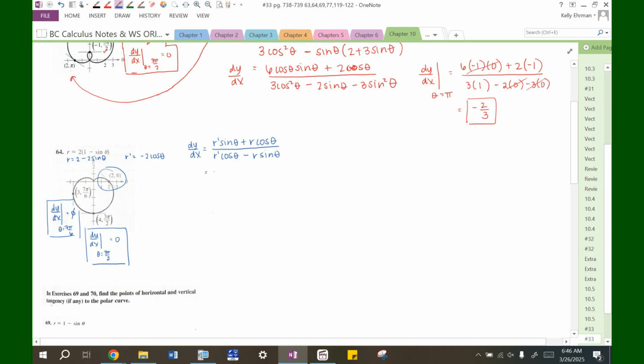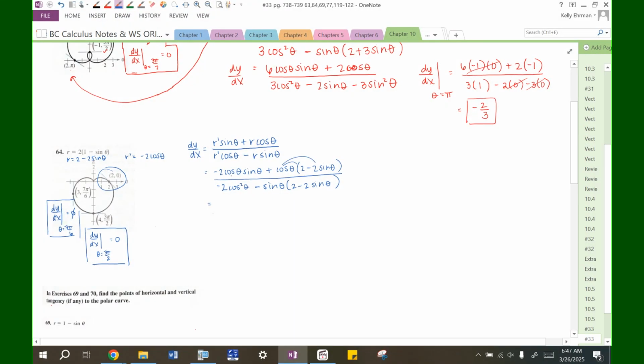All right, and then let's plug in what we have. So negative 2 cosine theta sine theta plus r is 2 terms, so I'm going to put the cosine out first. Cosine times r, which was this, over r prime, negative 2 cosine theta, so cosine squared theta, minus, I'm going to put the sine out first, and then r, 2 minus 2 sine theta. I could leave it as is and plug stuff in, but I think I'm more likely to make a mistake, so that's why I'm going to distribute a bit.